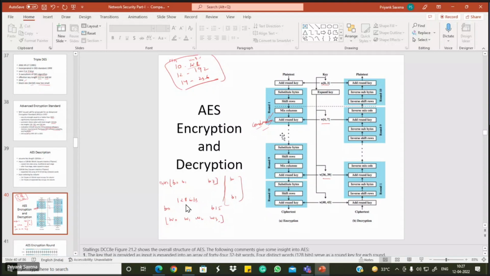Okay, the same keys. So here in AES, there are multiple states in each round. The output of each stage is called a state, right? So that is what is shown over here.